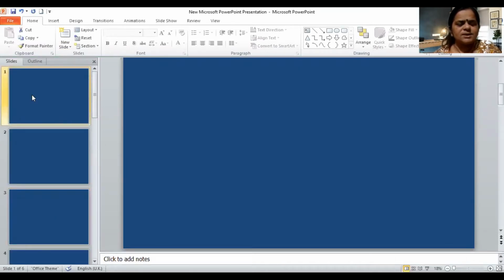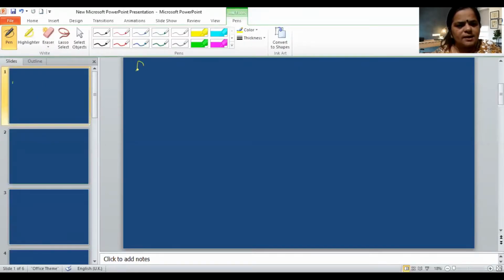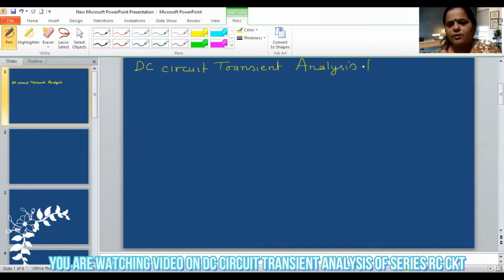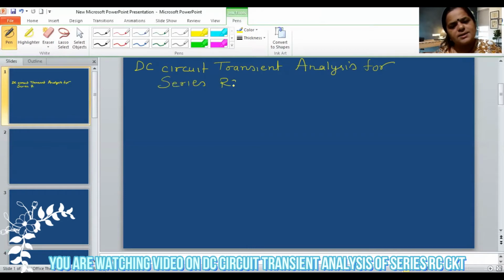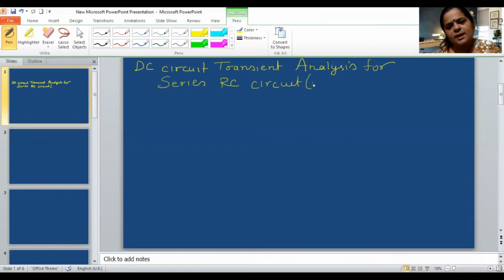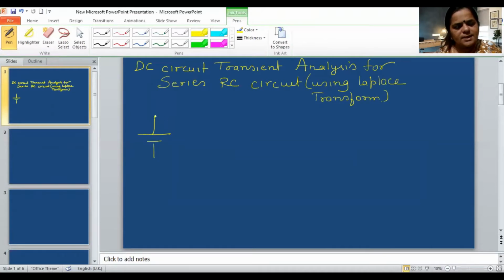So let us talk about DC circuit transient analysis for a series RC circuit using Laplace transform. Let's see the circuit.